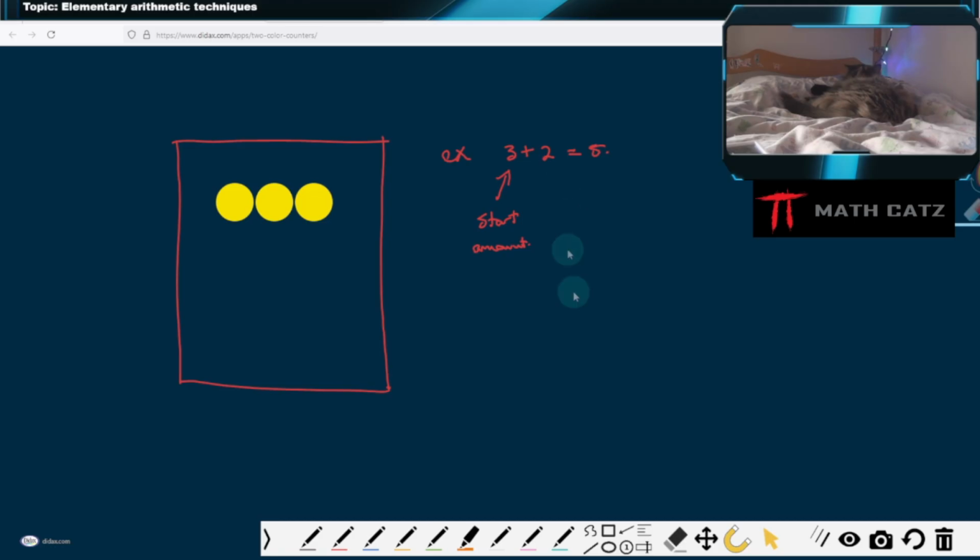Now we plan, according to the operation, to do what this addition wants us to do. And in the chip model, it is always the same. I plan to put more things on the table. Or in this case, in our story, the teacher puts more things on the table.